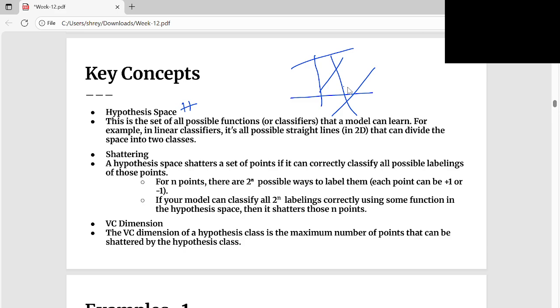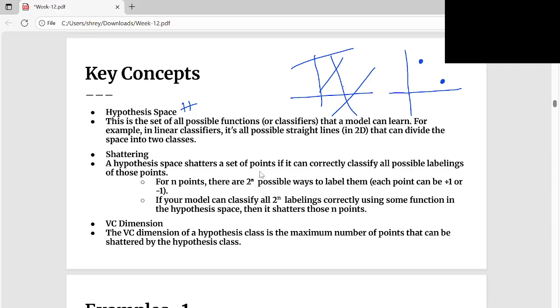Now, what is shattering? Shattering means a hypothesis space shatters a set of points if it can correctly classify all possible labelings of those points. For example, let's say I am in 2D and there are only two points. This is one point and this is another point, right?